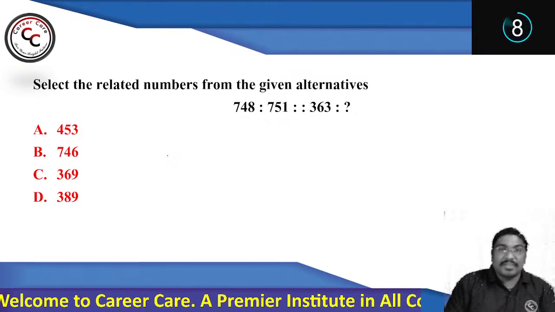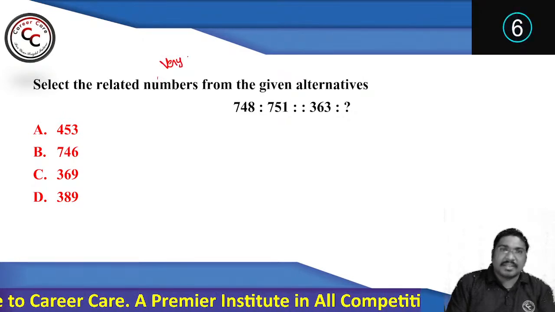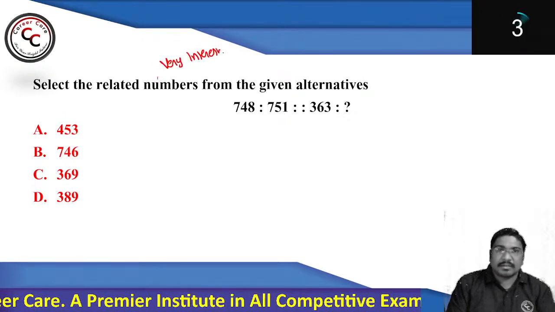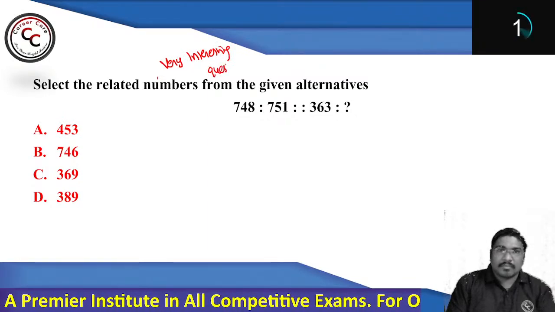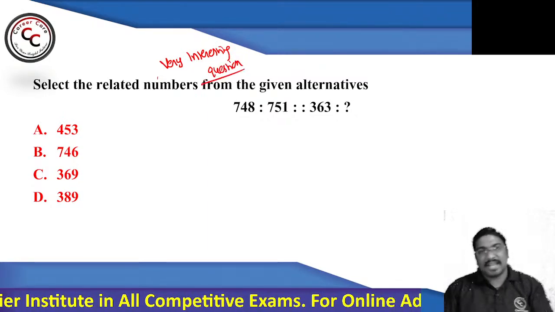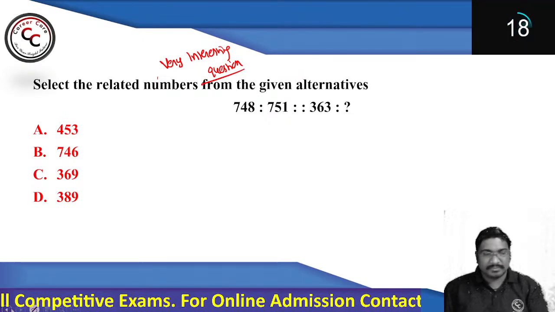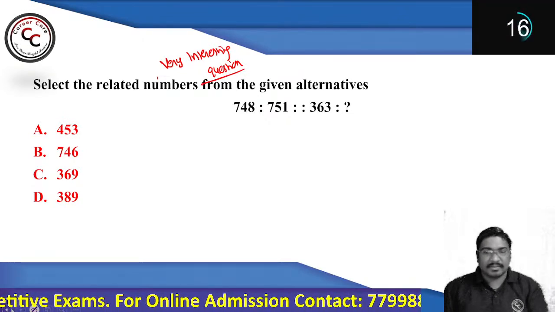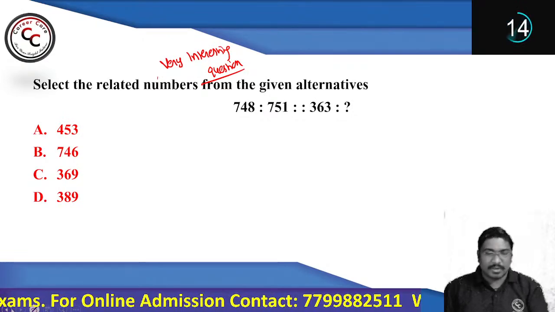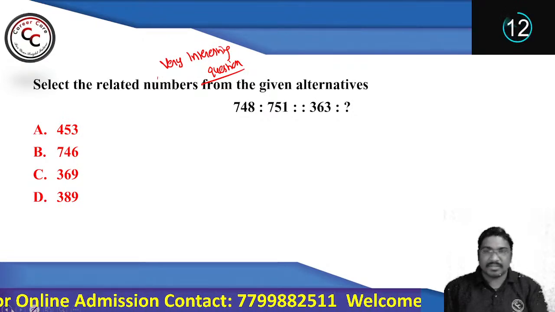So this is one of the very interesting questions of today's session. Very interesting question as well as important also. Let's see. 208 was the answer for the previous question. Yes.